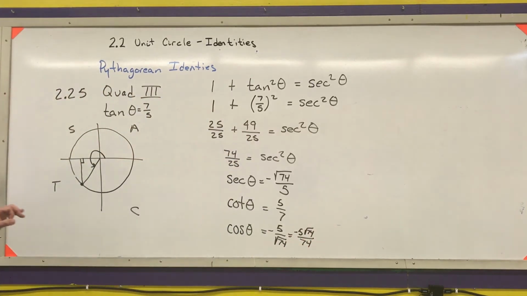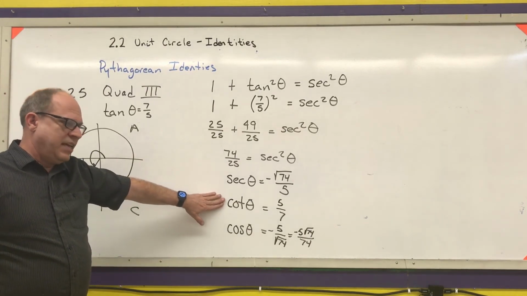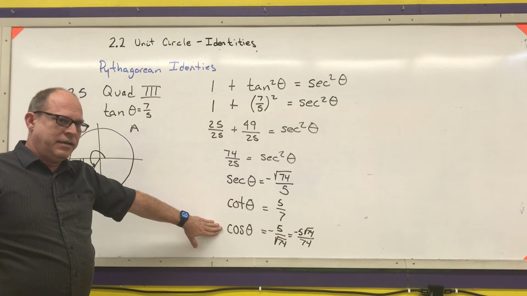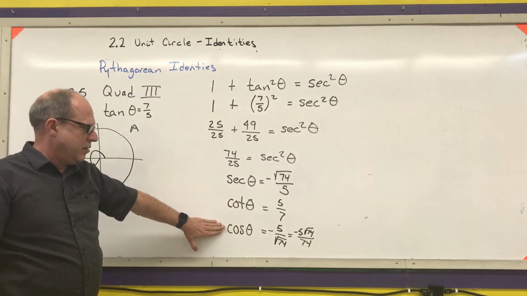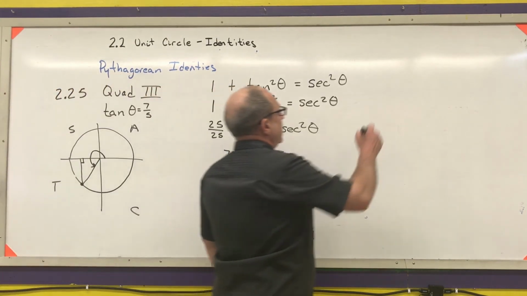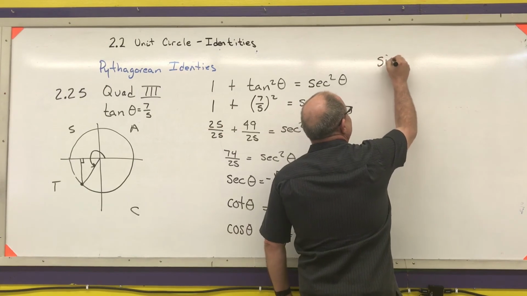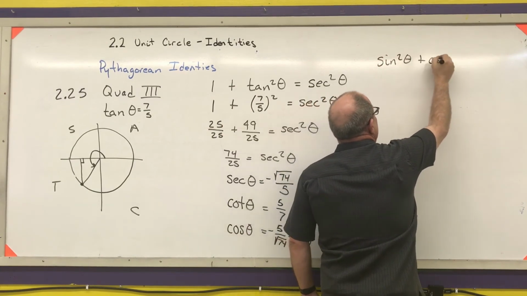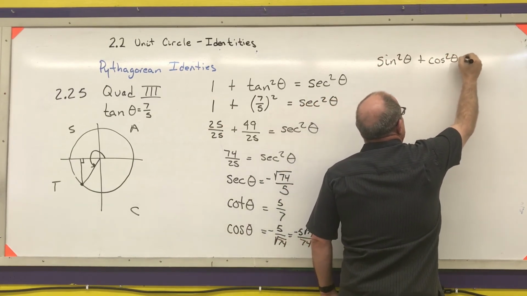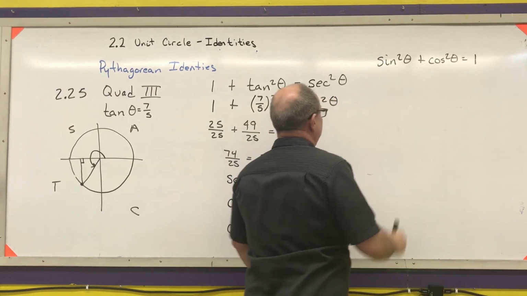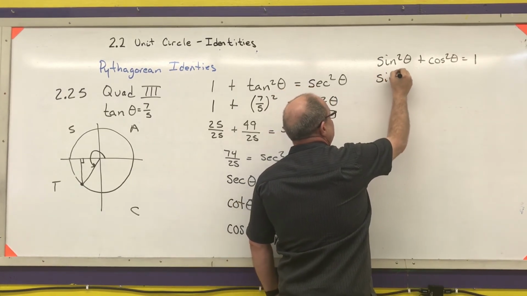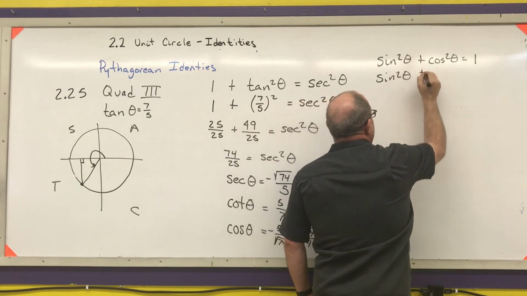So that just leaves me with sine and cosecant, okay? I can use the cotangent cosecant identity or the sine and cosine identity. I'm going to use the sine and cosine identity. So I know sine squared theta plus cosine squared theta is equal to 1. I'm looking for sine of theta.